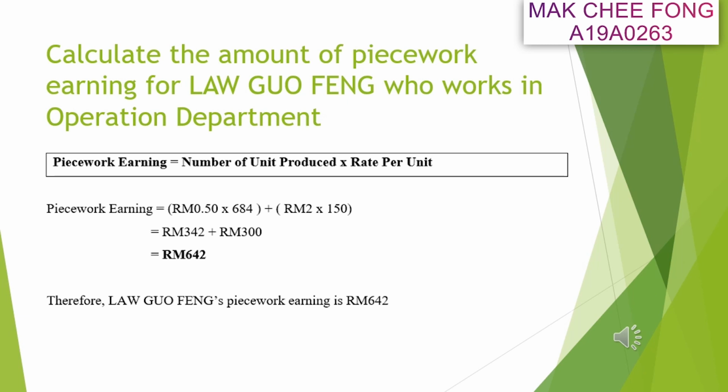Calculate the amount of piecework earning for Liao Fong who works in the operation department. The calculation is piecework earning equals number of units produced times rate per unit. So piecework earning for Liao Fong equals 50 cents times 684 plus 2 ringgit times 150.